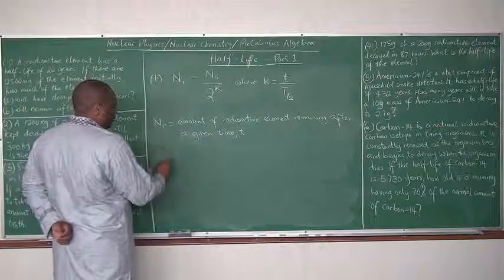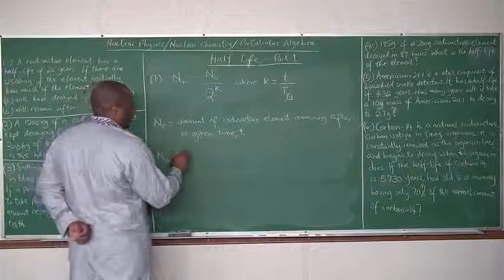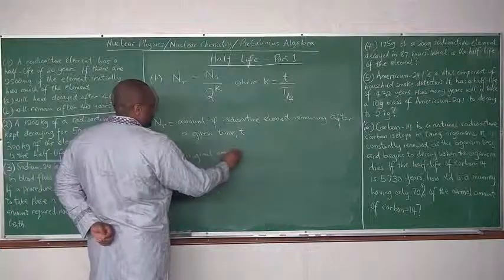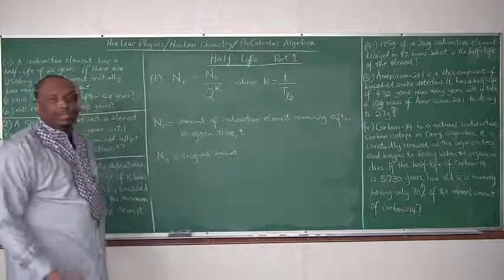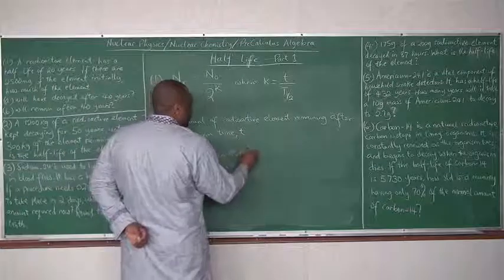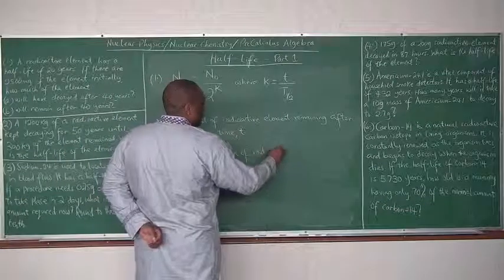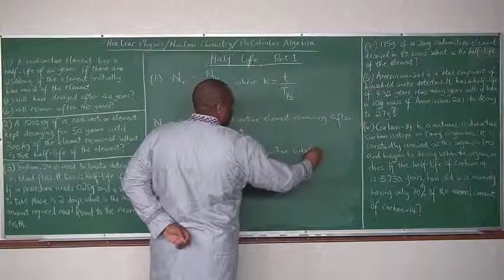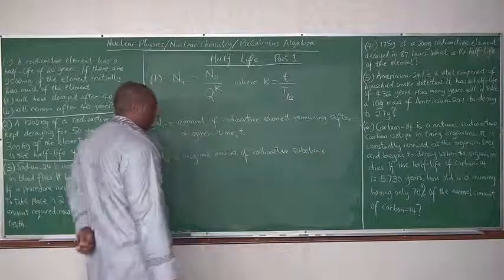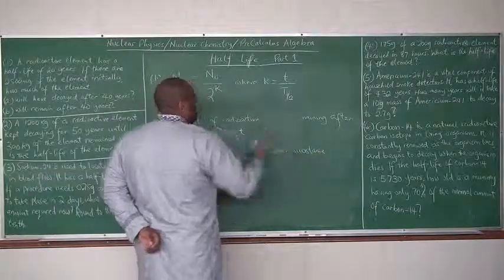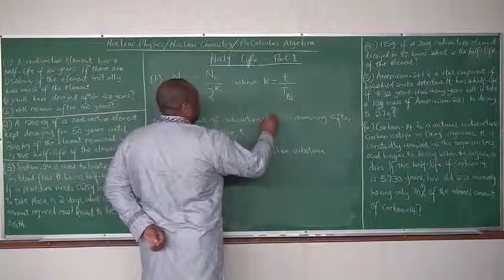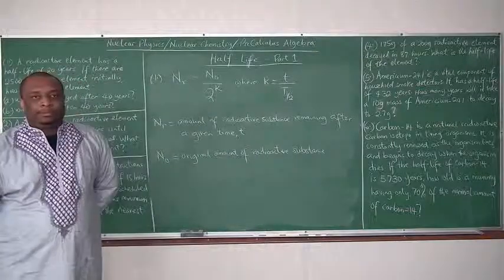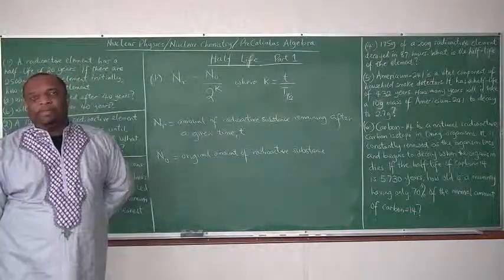Then N subscript O is the original amount. That's why R is remaining, O is original. Original amount of radioactive substance. N subscript O, original amount of radioactive substance.